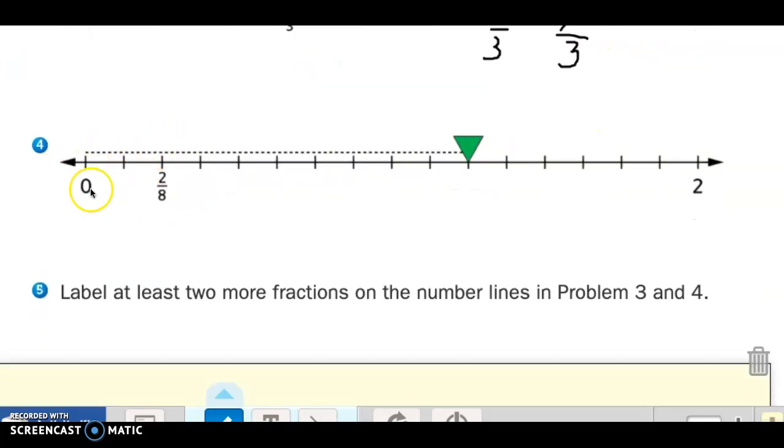Let's figure out this distance from 0. Look at that. We are breaking them up into 8ths this time. 8 equal parts. So we don't know where the whole is, but we could figure it out if we found 8/8.